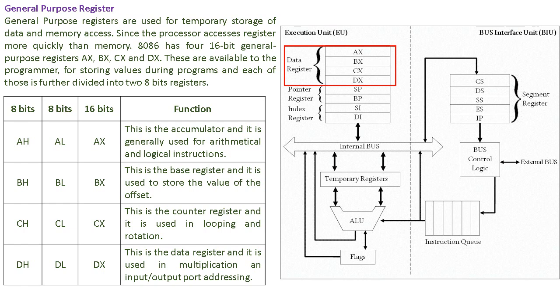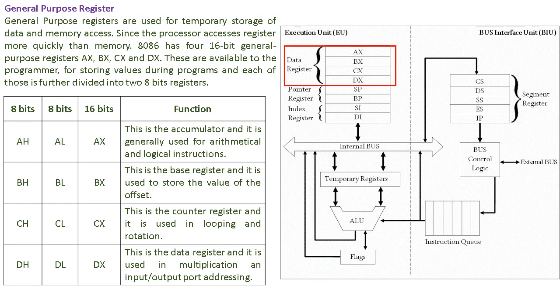In the third row we have CH and CL, C higher order and C lower order, together known as CX. CX is also a 16-bit register, further divided into two 8-bit registers, CH and CL.